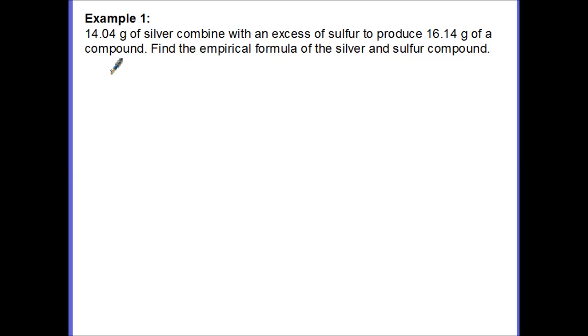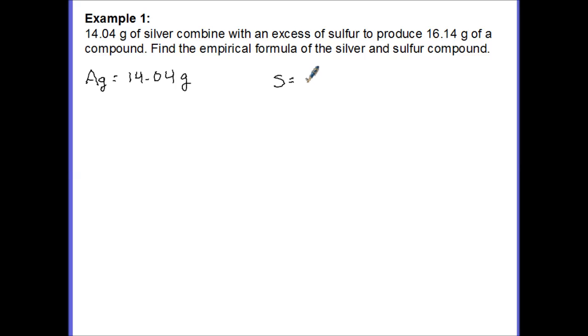The first thing we need to do is step number 1. We need to figure out the amount of each substance produced. We know the amount of silver, which is 14.04 grams. For sulfur, it's not given to us, but we can calculate it easily.